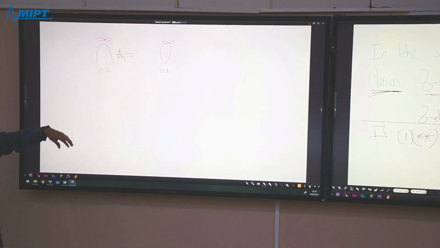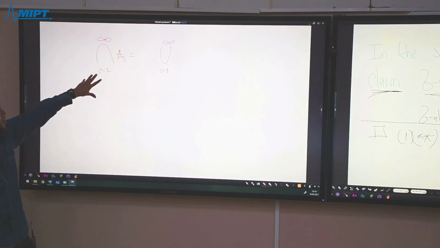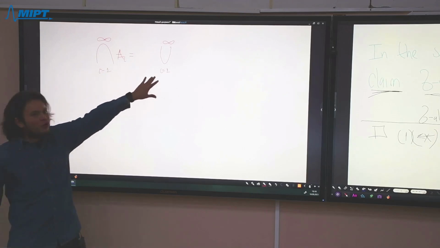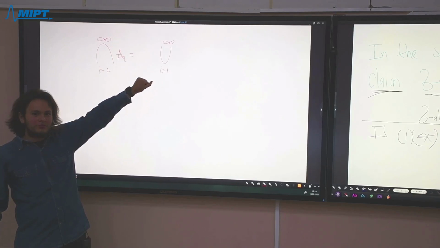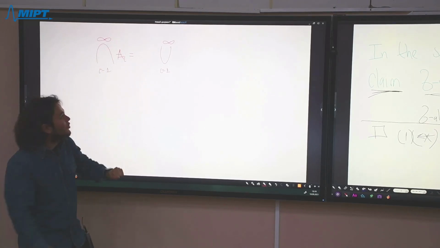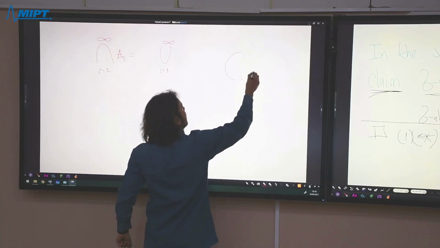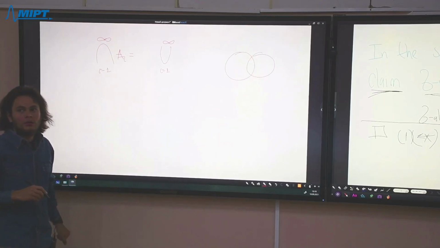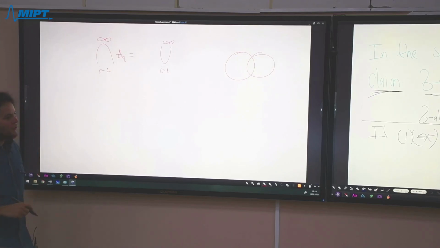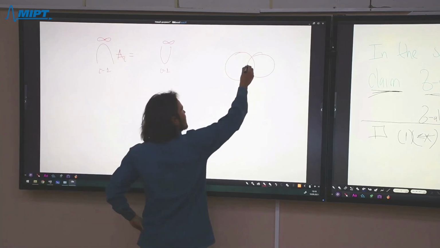How do we get the intersection using the union? Let's do it step by step here.